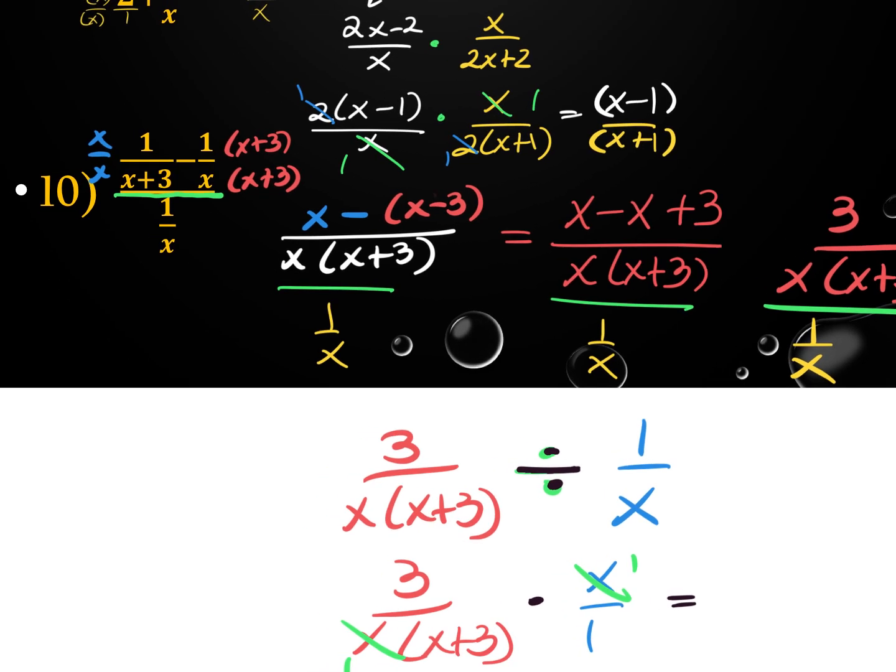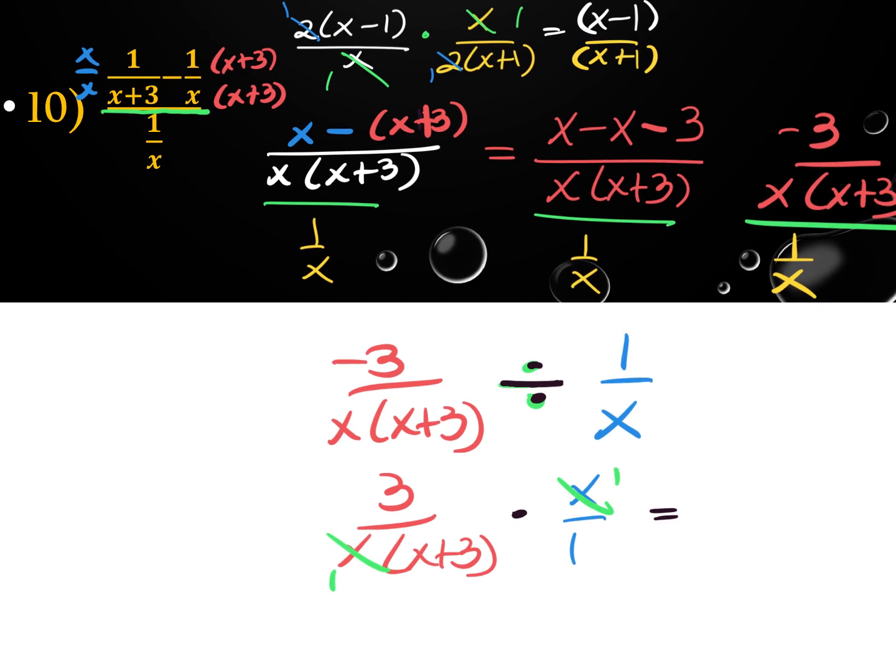So here, this should have been a plus. And then when I distribute it here, this should have been a negative 3. So this is a negative 3 here. So negative 3 over x plus 3.